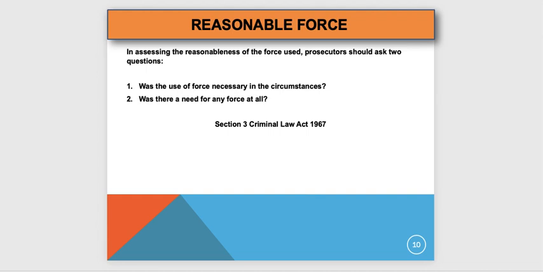Well, the simple answer is no, because the force has to match up to the level of threat. I'm not saying shout back, but as soon as that person puts their hands on you, then yes, you could use reasonable force in terms of touching that person, depending on the circumstances, to actually defend yourself. But if someone's there screaming, shouting at you, there's no need to actually hit someone or place your hands on them. There are exceptions to this.